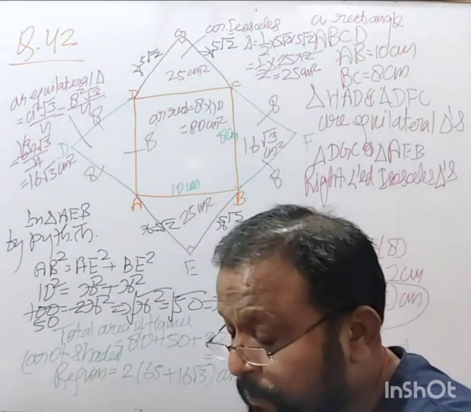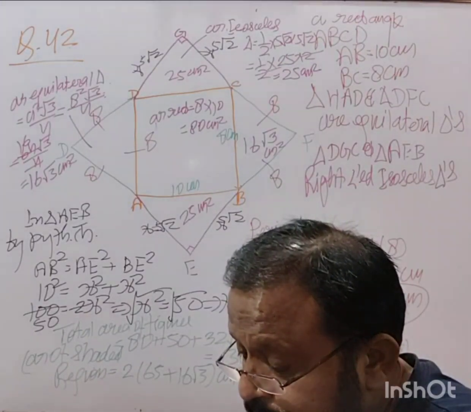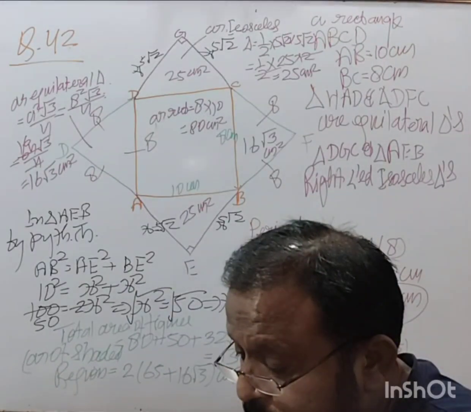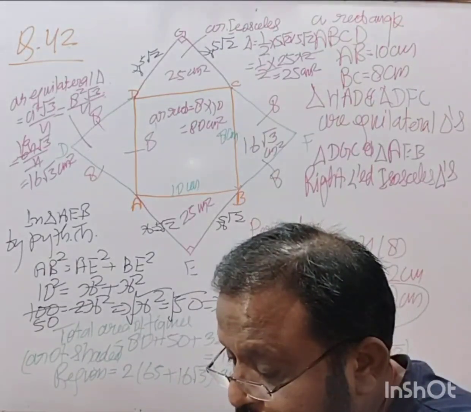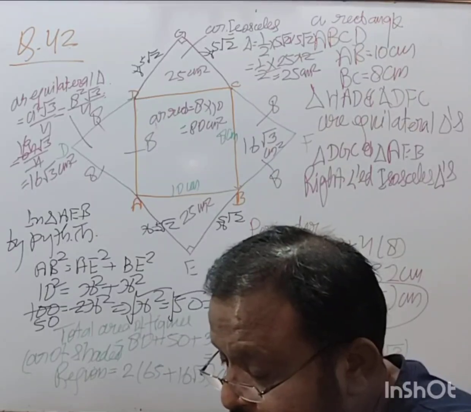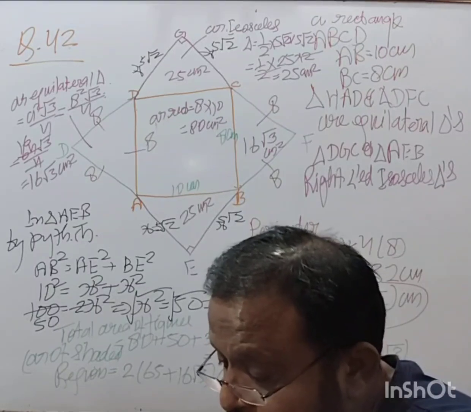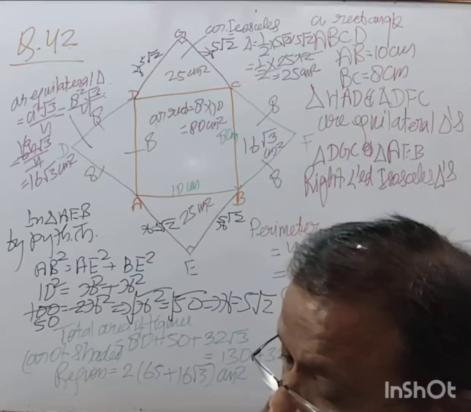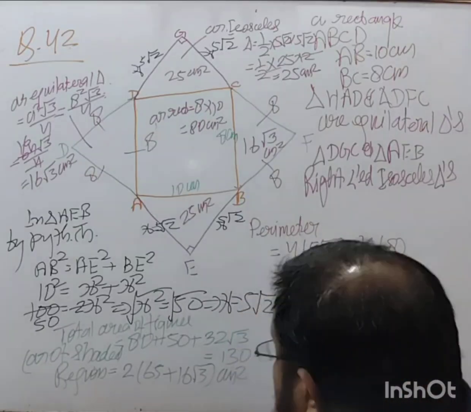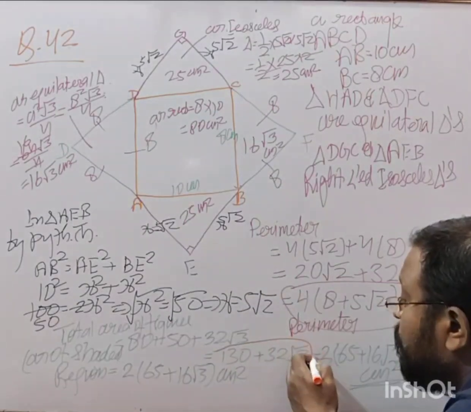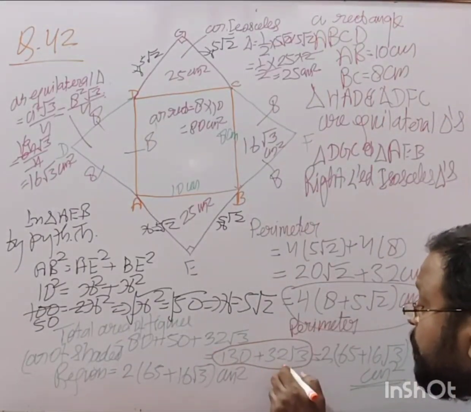Let me check. It is correct. Area is given as this much, 130 plus 32 root 3 centimeter square.